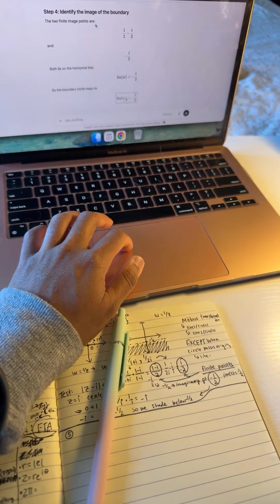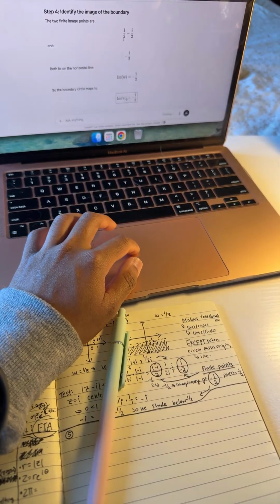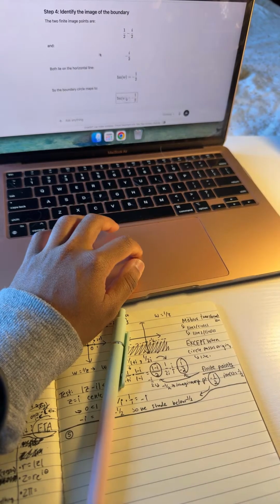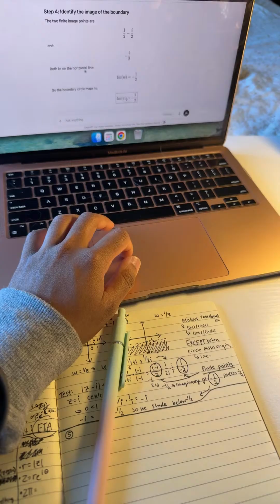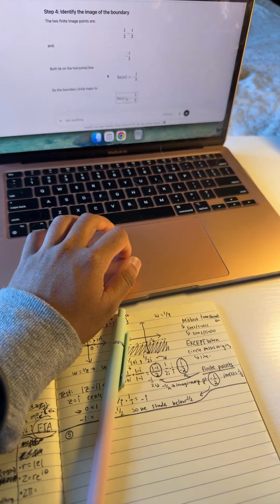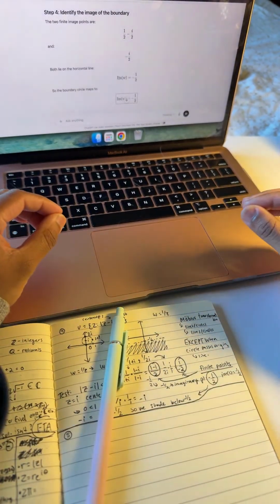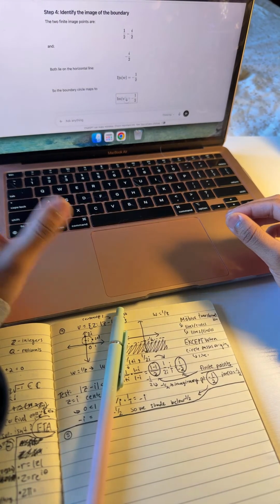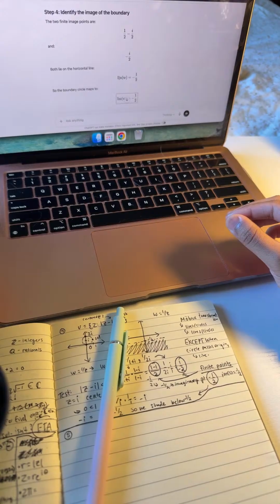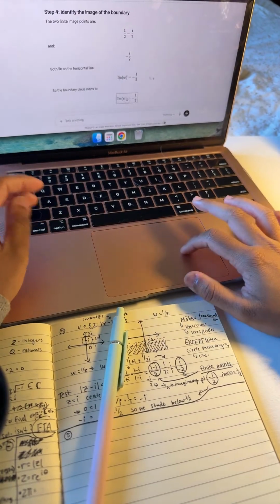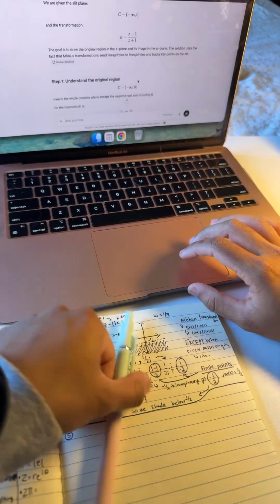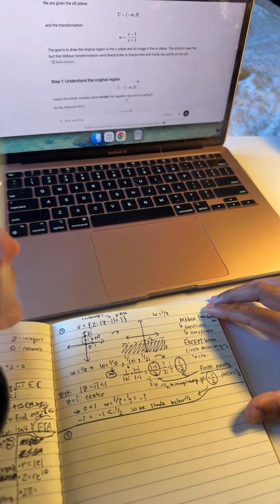The two finite image points are half minus 1 over I over 2 and negative I over 2. Both lie on the horizontal line. So because both of them are on the horizontal line, we disregard the real number and we just focus on the imaginary number. That's why we look at just the imaginary number. So yeah, that checks out.